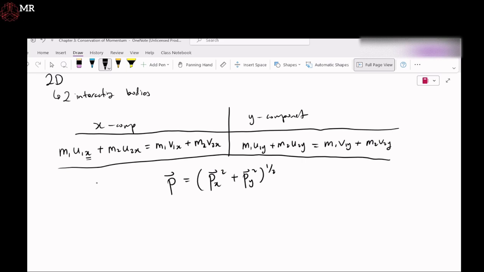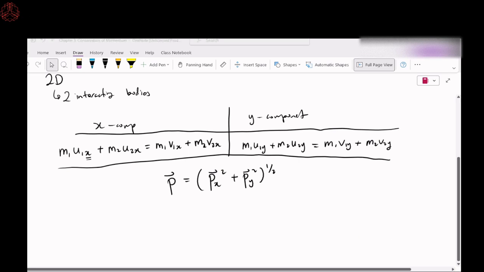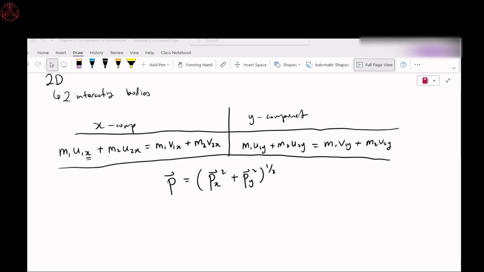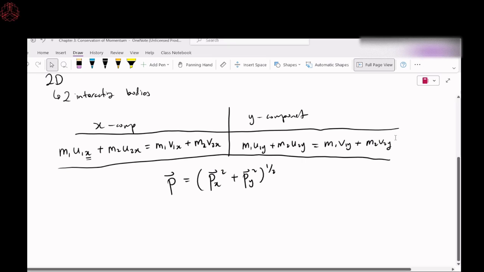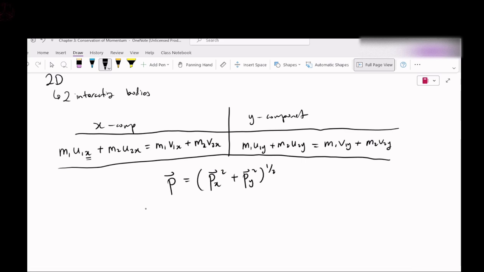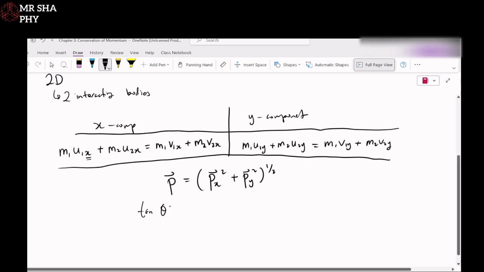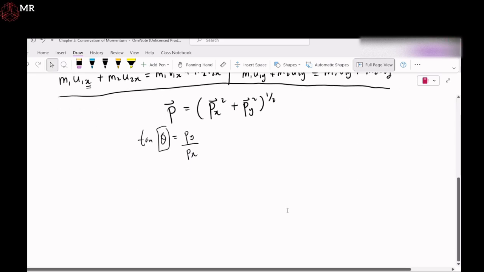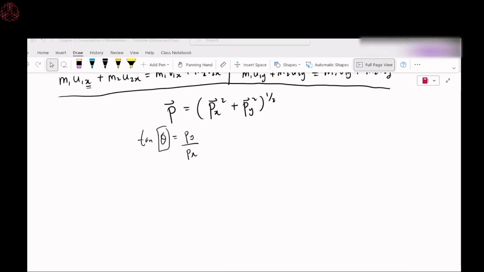And because momentum is a vector quantity, we need to know its direction as well. For its direction, we generally have tan theta equals py over px. Then we can find the angle. It's really useful for us to draw it out so that we know which angle we can use.